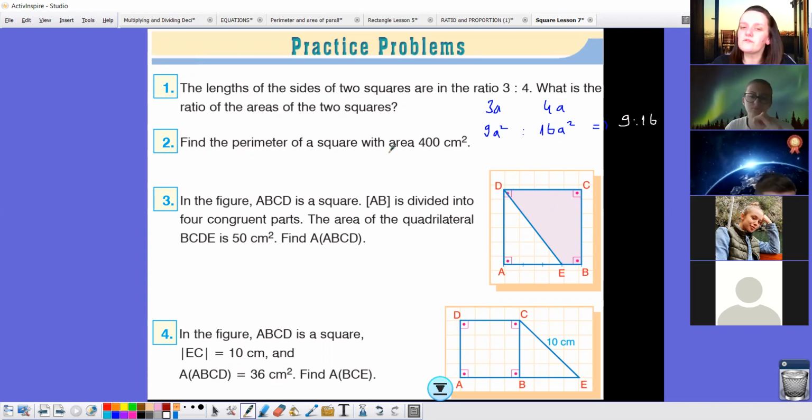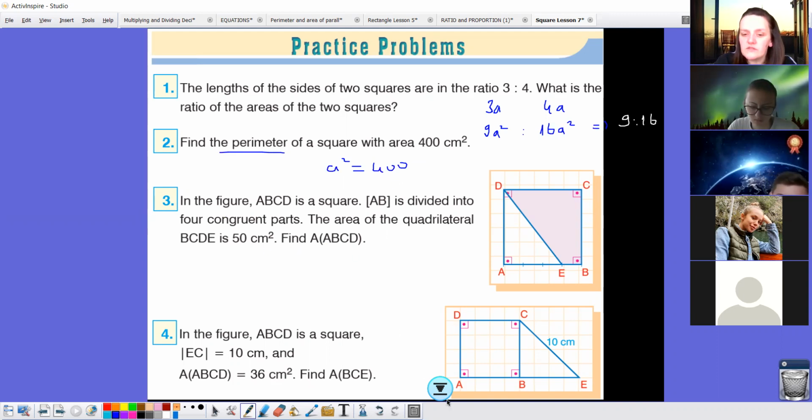So find the perimeter of a square with area 400 centimeters square. I think that we can do this one. Area is given. It means that a square is equal to 400. Then root of 400 will be 20. Then you'll find the perimeter.